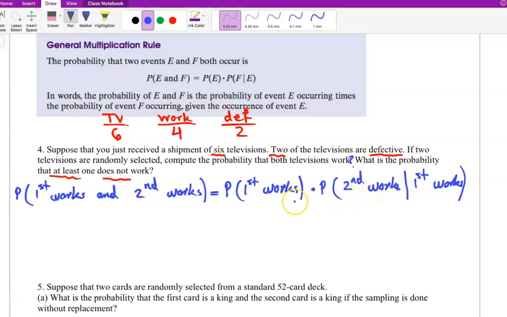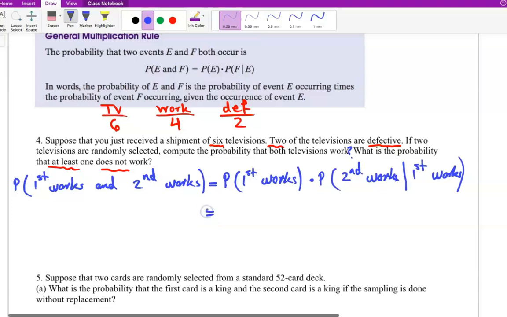Okay, so we have this one first, then the second television depends on what we have on the first one. So that is equal to, in total, how many TVs we have is 6. How many TVs we have that work is 4, multiplied by.